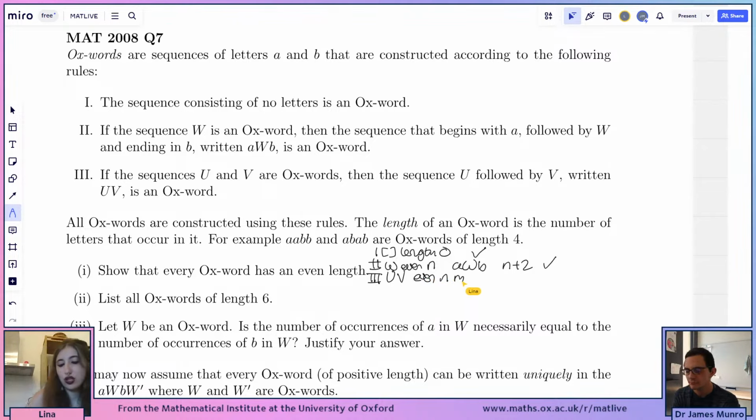And now we want to show that our new word, UV, is going to have length N plus M. And as N has an even length and M has an even length, this is going to be even as well. So we've shown that from the base case, which is the empty word of even length 0, every Oxword we build up from that is also going to have even length. Really nice.